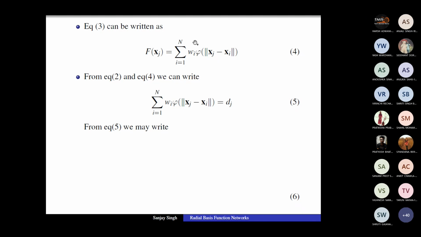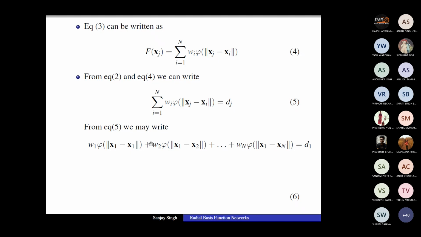Now I am rewriting this dj, and this is for one instance only. So we can write something like this. For example, for x1, we will start expanding this form, where j is equal to 1. Here i is varying from 1 to n anyway.